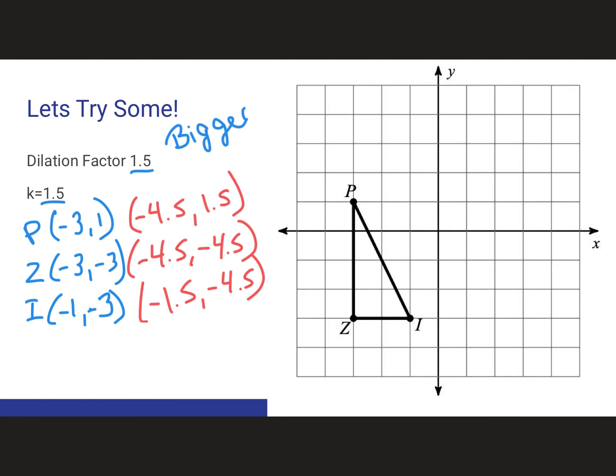So (-4.5, 1.5) is right here. That's my new point P. (-4.5, -4.5) is right here. That's my new Z. And (-1.5, -4.5) is right here. That's my new I. So again, I'm going to connect my dots. And here's my new figure.